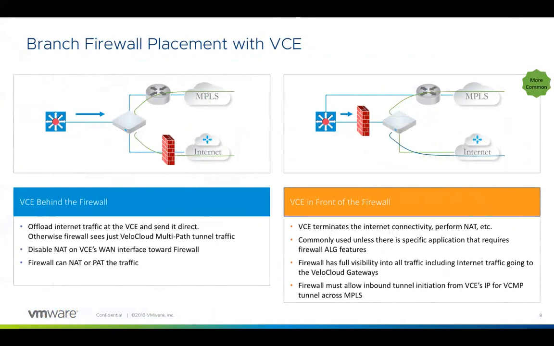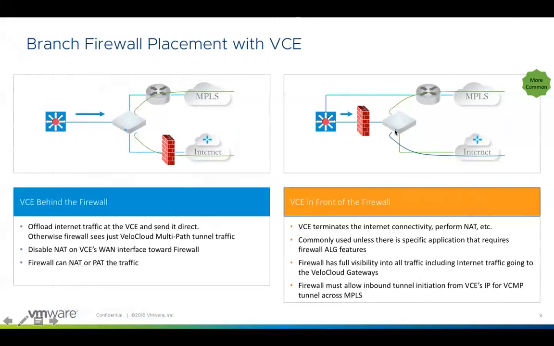And so if the requirement is for the firewall to see all of the traffic from the local VLANs, then basically you would have to offload internet traffic on the VCE towards the firewall and then send it clear, right, without sending it through the tunnel. So you can achieve that by using business policy to send internet traffic direct. And then in this case, there will be no NATing on the firewall for the WAN interface going towards internet, and the firewall will be responsible for both NAT and PAT.